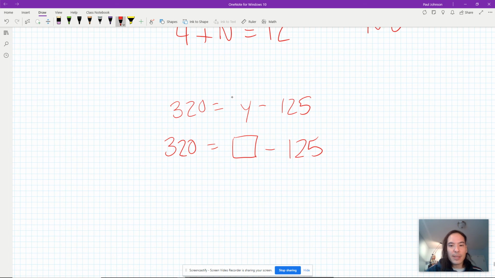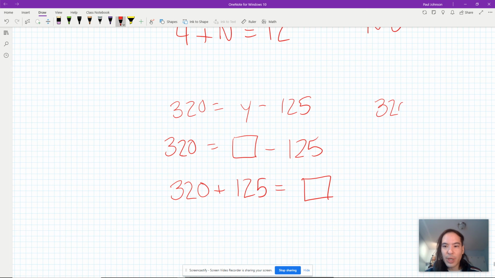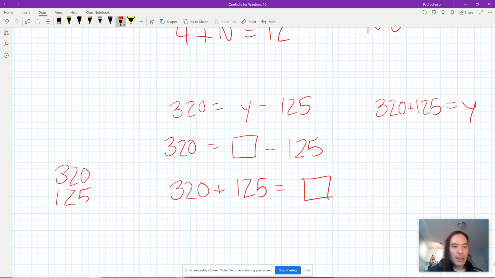If this minus this equals this, then 320 plus 125 is equal to our blank. So if we rewrote that problem, it'd be 320 plus 125 is equal to y. I just used the blank because we already turned it into a blank. So if I add 320 and 125, you might have to do that on the side. So 0 plus 5, 2 plus 2, 3 plus 1, so equals 445.